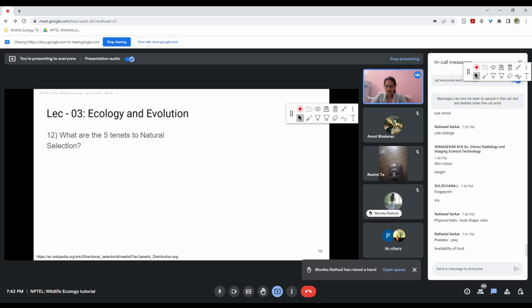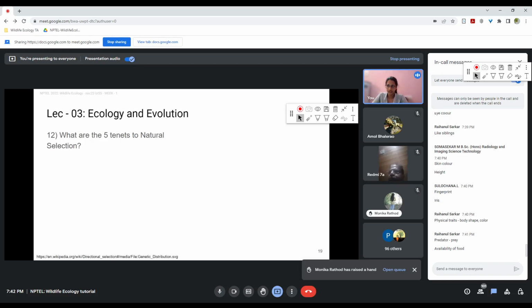Availability of resources. If you have only a fixed amount of resources, you can only have a certain amount of species that can feed on those resources, right? I think this links to your Lotka-Volterra model.